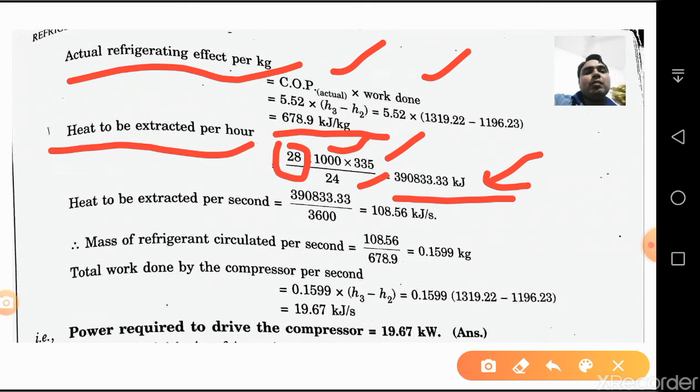This is the capacity of the system. Per second we have to find, so divide by 3600 and the heat extracted per second is the value. So that is the heat extracted.